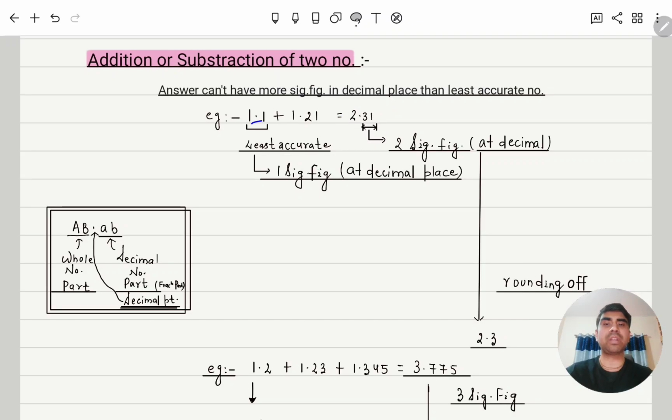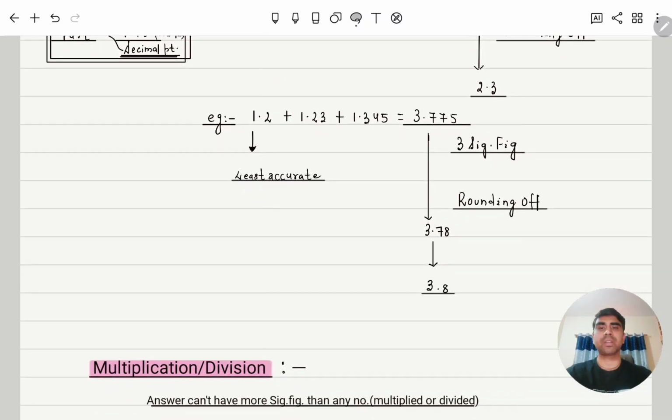So like here, after normal addition, you are getting 2.31. Here in the least accurate, how many significant figures are there? 2. So here also it should have 2. After rounding off, the preceding digit is less than 5, so just remove it. So it became 2.3, right? So it will also have two significant figures. So after rounding off, it is 2.3.